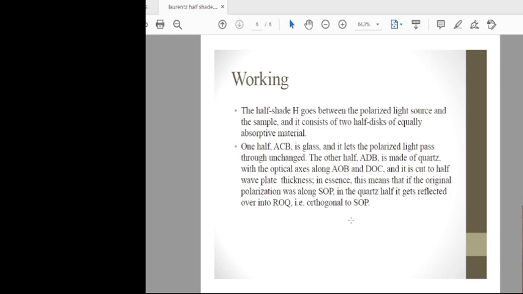The question may be asked in the form of an MCQ: in the Lorentz half-shade polarimeter, the two Nicol prisms are used as what? We have to write the answer as analyzer and polarizer.